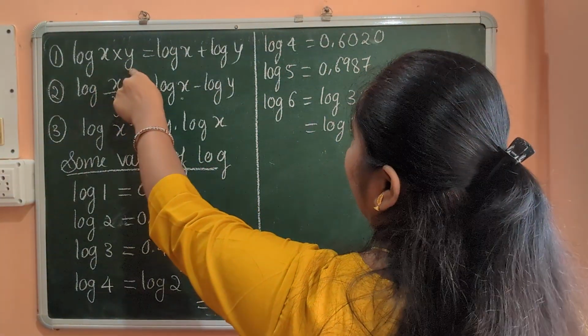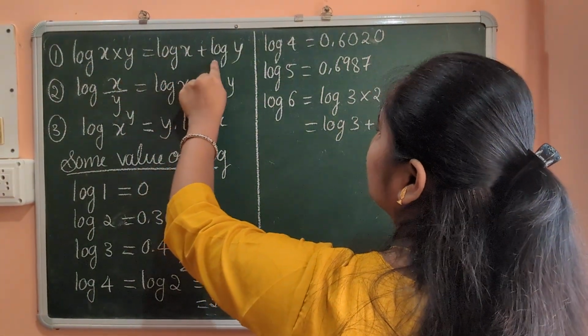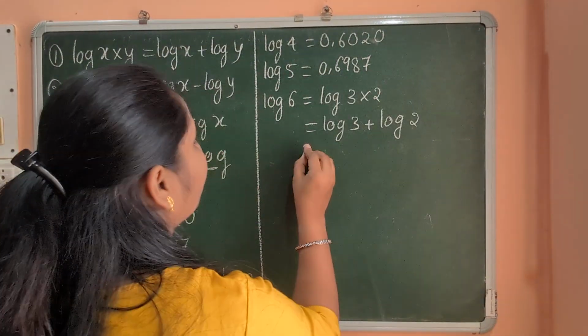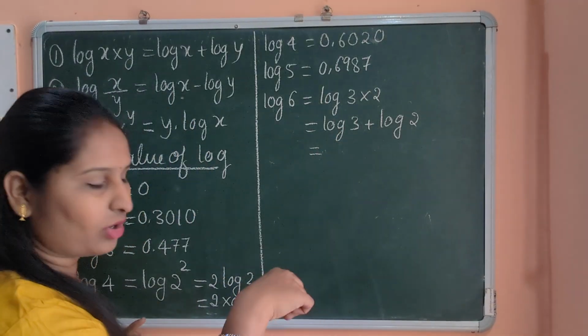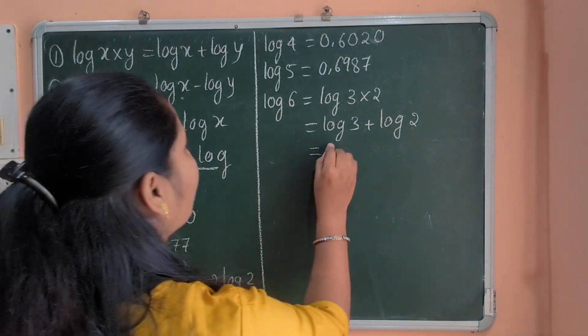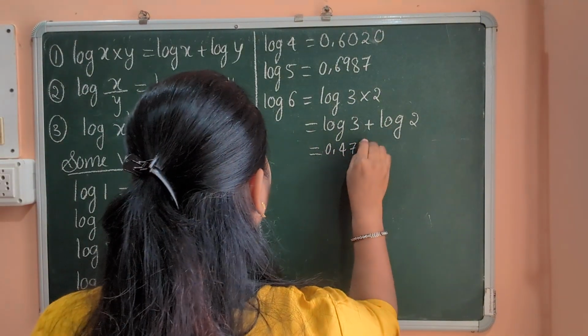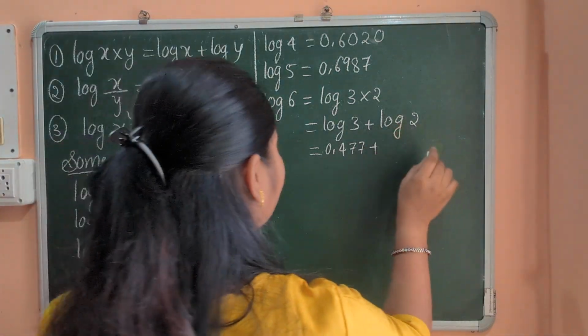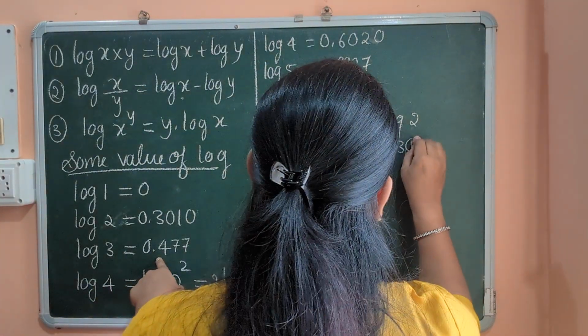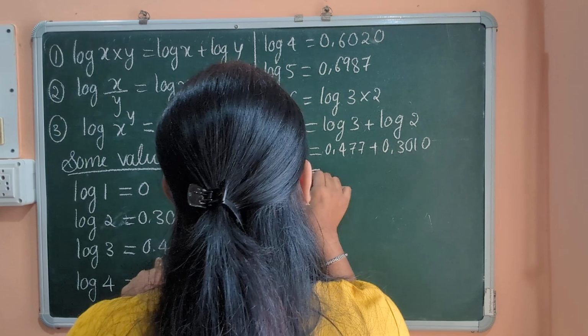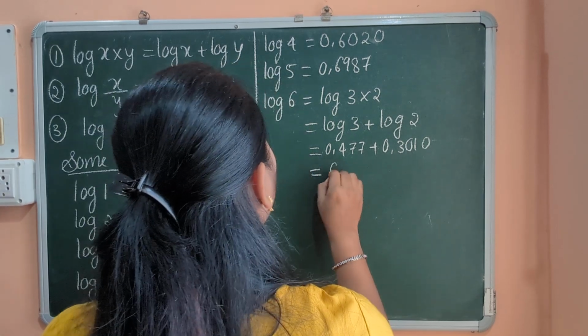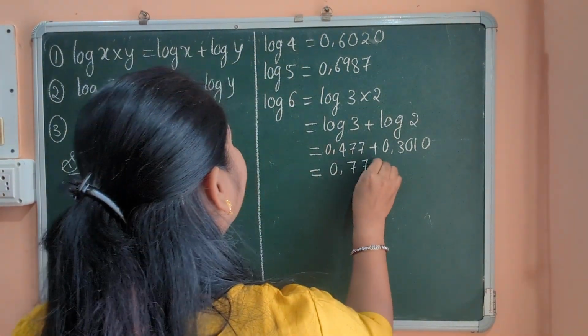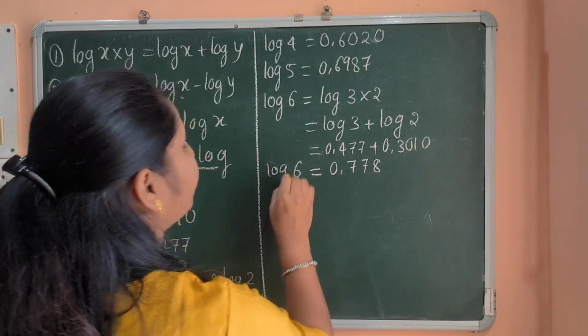Log x into y is equal to log x plus log y. We know the value of log 3, 0.477, and log 2 is 0.3010. Add the two and you will get log 6 is 0.778.